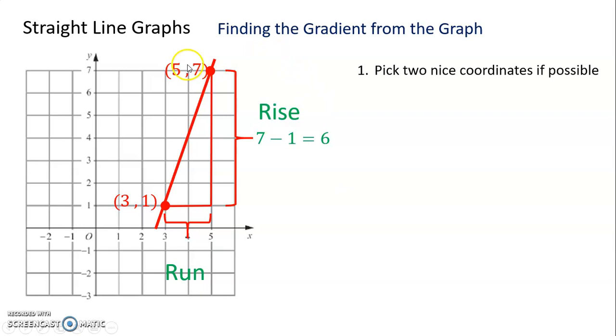So that's the difference between the 2 x coordinates here. So 5 subtract 3, which is 2. And the gradient, which is m, is the rise over the run, the amount I've gone up for the amount I've gone along. So that was 7 subtract 1 over 5 subtract 3, which gave me 6 over 2, 6 divided by 2, which is 3. Now, if you go back to how we were doing this before, every one along, I've gone up 1, 2, 3. So that makes sense.